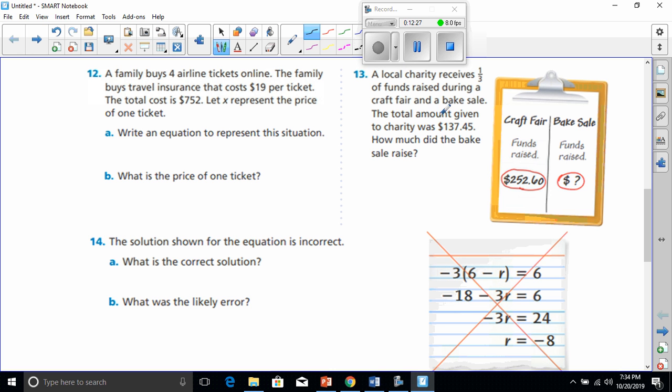Okay, so if I'm getting 1/3 for both of these, that means I can say that, let's see, 1/3 of, let's see, 252.60.